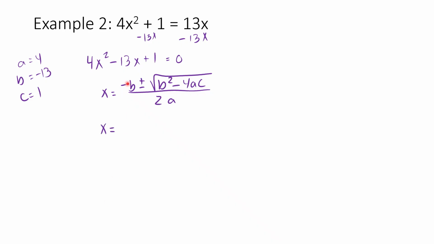The opposite of B, well, B is negative 13, and the opposite of negative 13 is positive 13. And this is where those parentheses in the last problem, I said, oh, this is like a weird little thing I'm doing here. When you are dealing with B being a negative number, especially if your intent is to use a calculator, you have to make sure that that negative 13 is in parentheses.